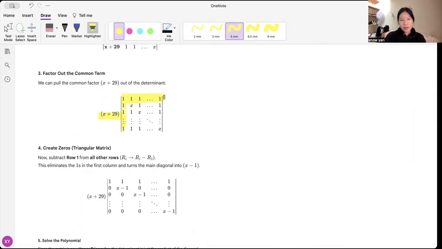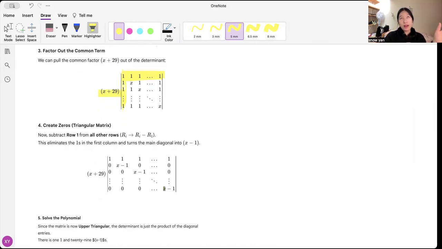Since the first row is all 1s, we can just subtract the first row from every other row. That would give us a triangle, the lower triangular form that we want. Everything on the diagonal would be x minus 1, and everything that's 1 minus 1 is 0, so everything inside this triangle is 0.